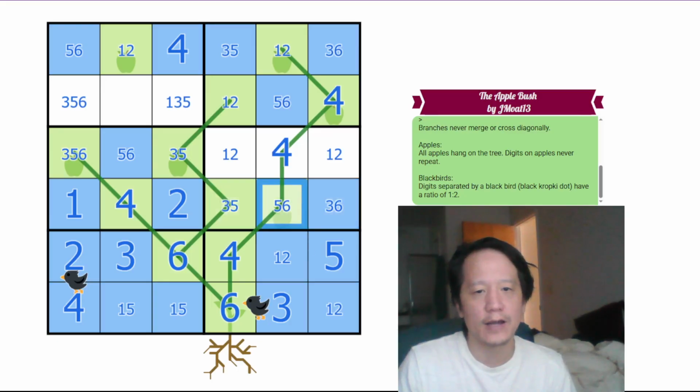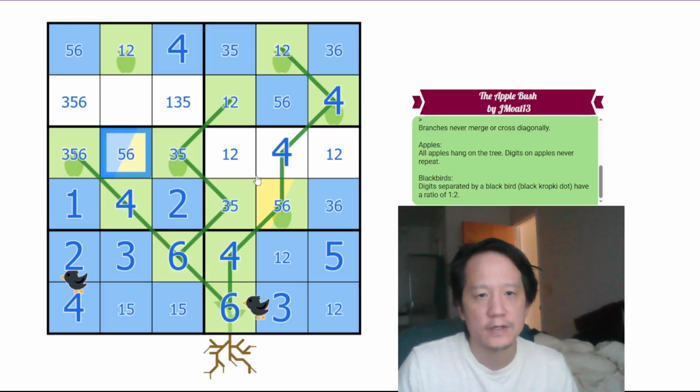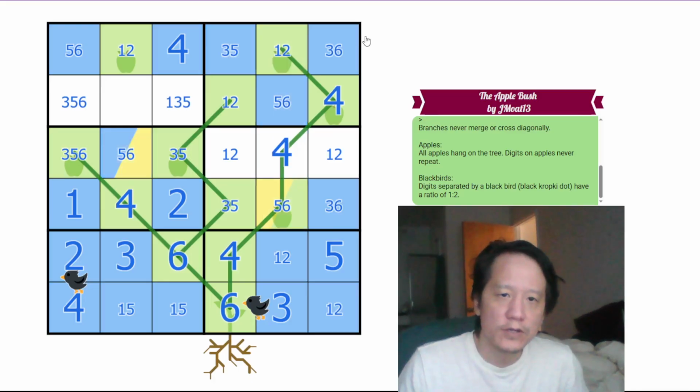So how would we figure that out? Say that's yellow, this is yellow, right? Yellow cannot be here. Yellow's one of these 2. So yellow would have to be one of these 2 here.